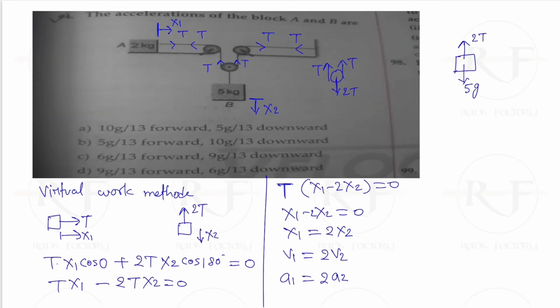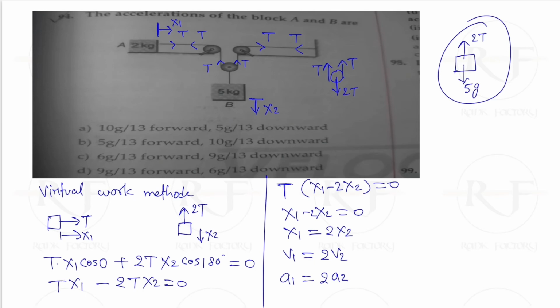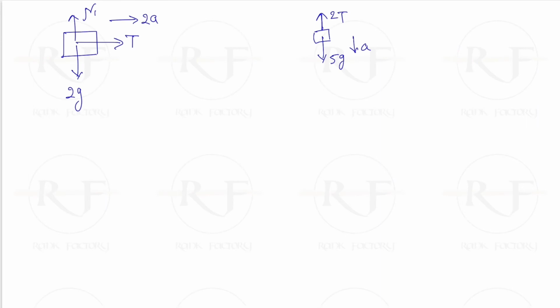See here, 5 kg block, so 5g is acting downward, 2T is acting upward, but this block is moving downward with acceleration a. If this block B is moving with acceleration a, then a1 equals 2a. We have got the relation here. If the acceleration of block B is a, then block A will be 2a.